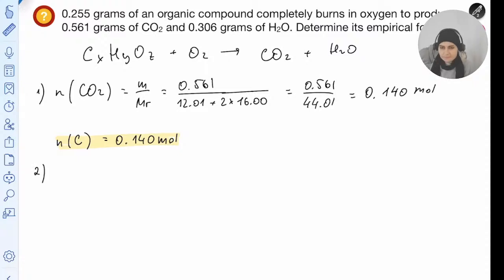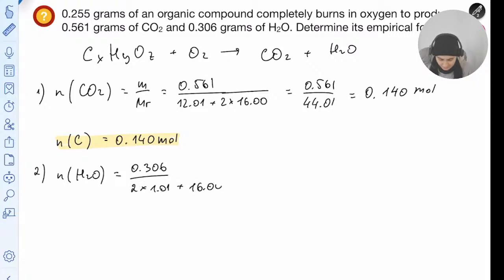Then I do the same for hydrogen. How can I find hydrogen? Well, from water. So I find the moles of water that was formed. It is 0.306 over Mr, so that's 0.306 over 18.02.